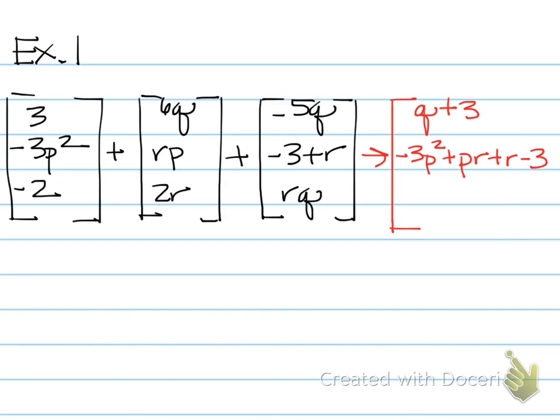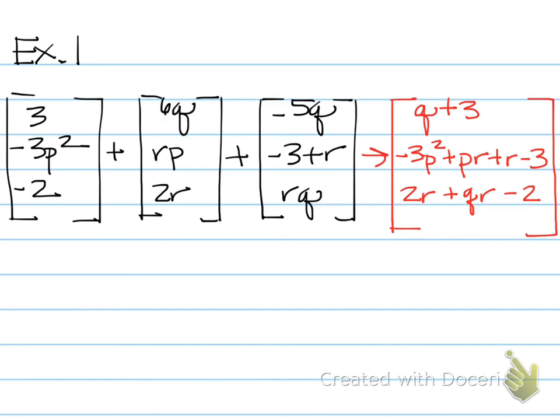Negative 3p squared plus PR. Notice I wrote the PR not as RP, I wrote it as PR in alphabetical order, plus R minus 3. And then for the last element, whenever I add the last elements of each one of those matrices, I get negative 2 plus 2R plus RQ, which I write as QR.